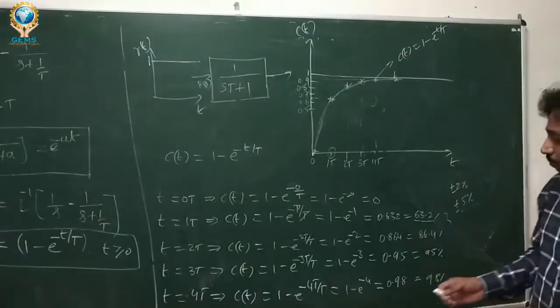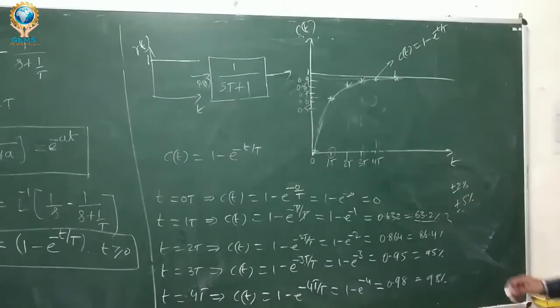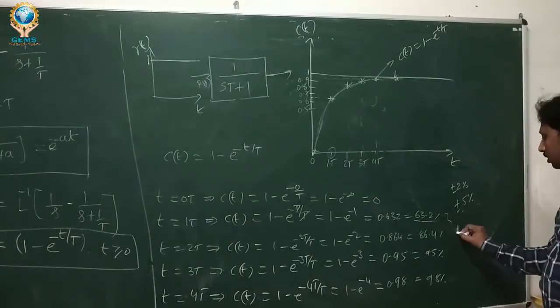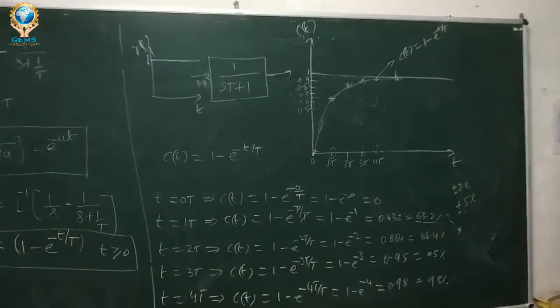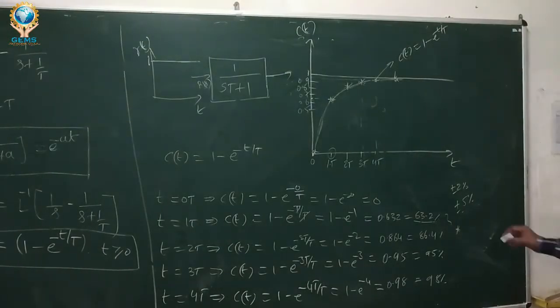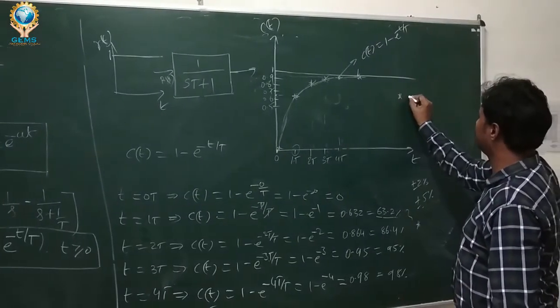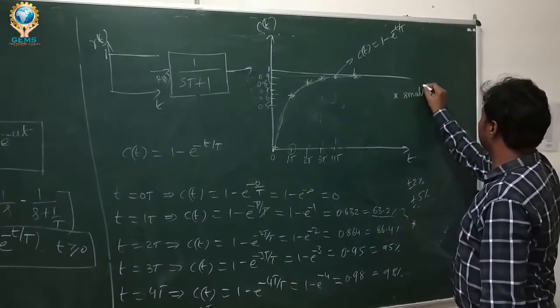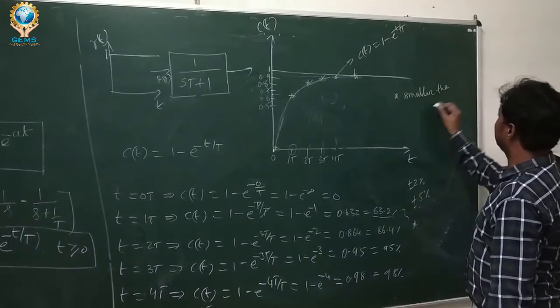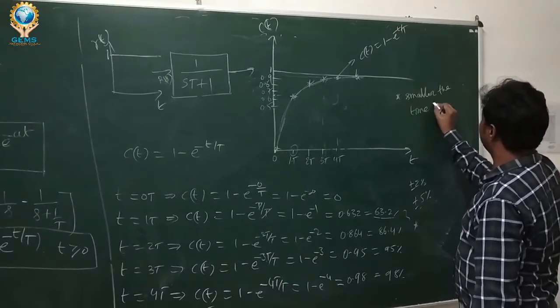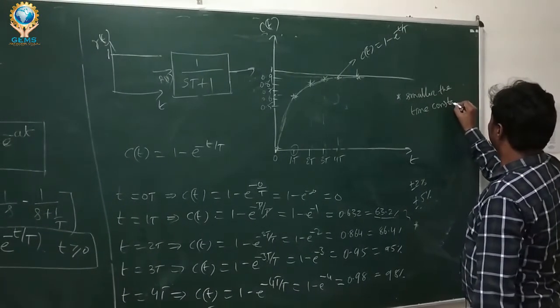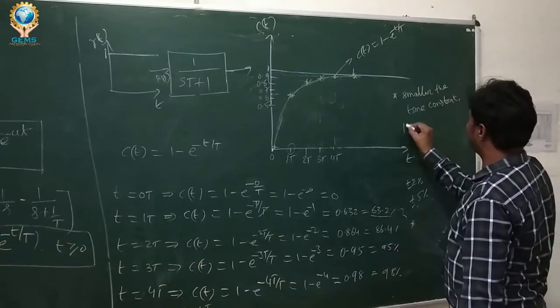So that's one of the important things. What is the final conclusion I can make here? Smaller the time constant, faster the response. I'm going to write a very important point here: smaller the time constant, the faster the response.